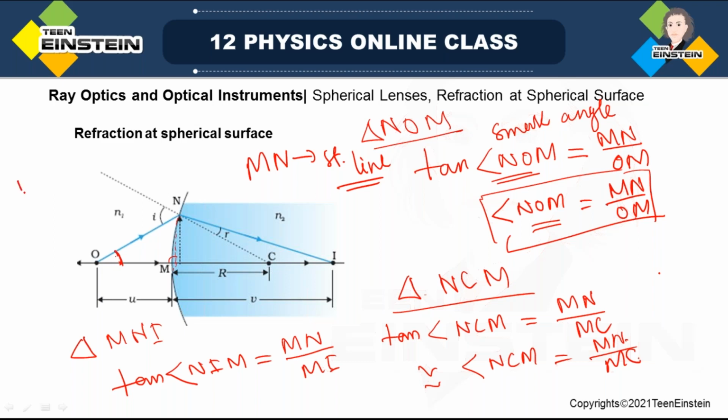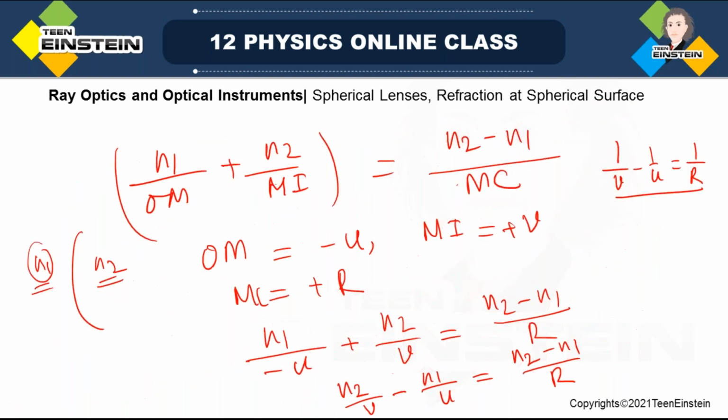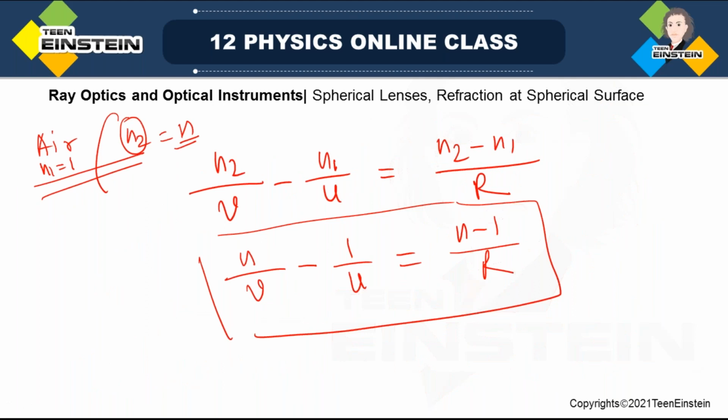So from where we have gone, n1 sin i is equal to n2 sin r. So this is Snell's law. From Snell's law, we have derived the equation of refraction at the spherical interface.